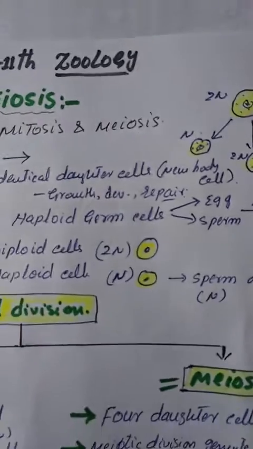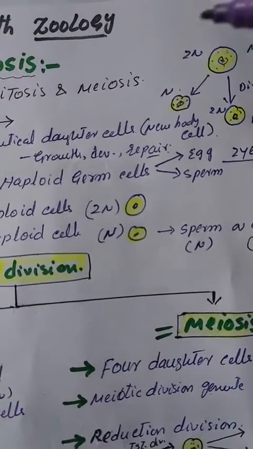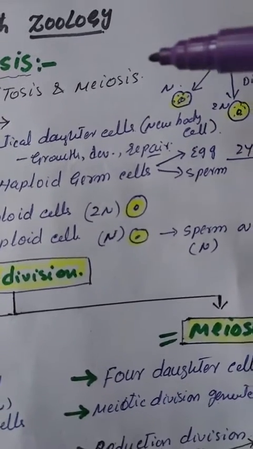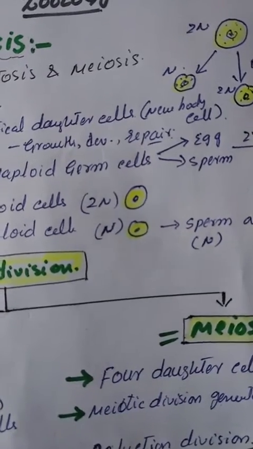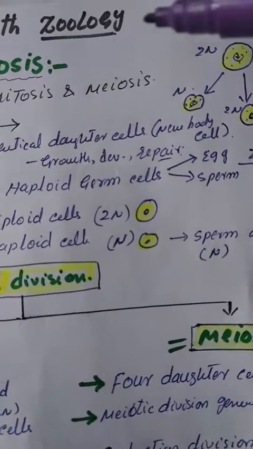Mitosis generates identical daughter cells or new body cells. In each mitotic division, a mother cell produces two identical daughter cells.